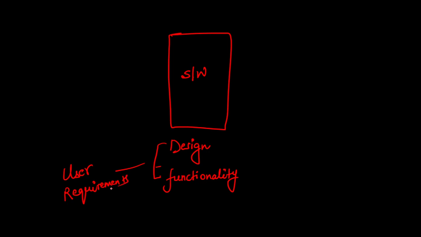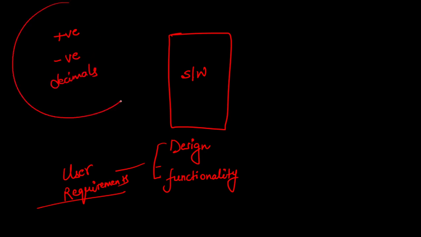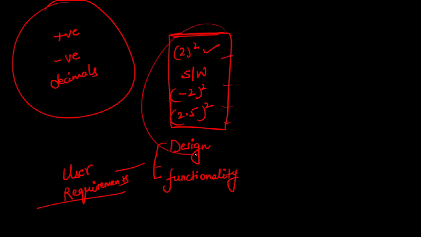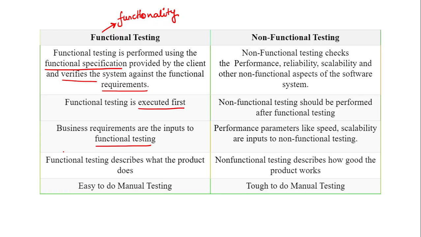The user will tell you, I want addition of all positive numbers, I want square of all positive numbers, I want square of all negative numbers, I want square of all decimals also. So what will be the functionality, whether it will be able to perform 2 square, minus 2 square, 2.5 square. All these functionalities of this software are determined by the user requirements. This is what they're saying.